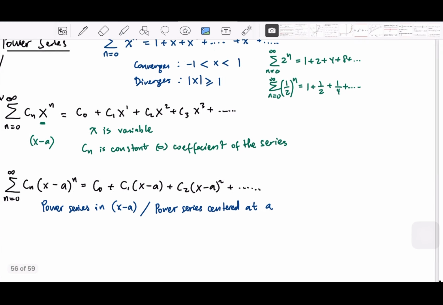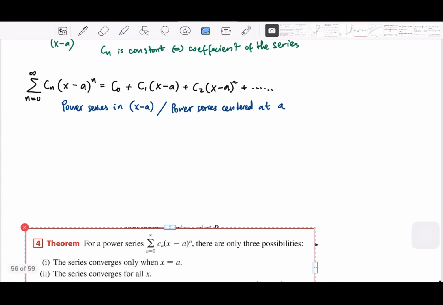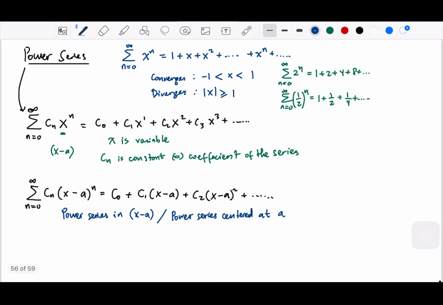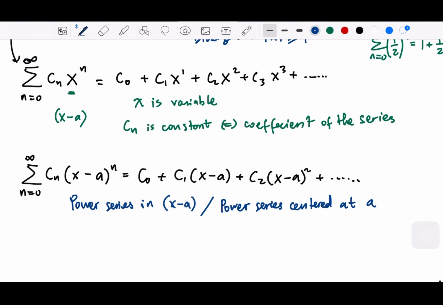Let's say this is going to be the next part. Now, because we write the terms x in terms of x minus a, it gives you some sort of understanding that the convergence is like having some sort of range.